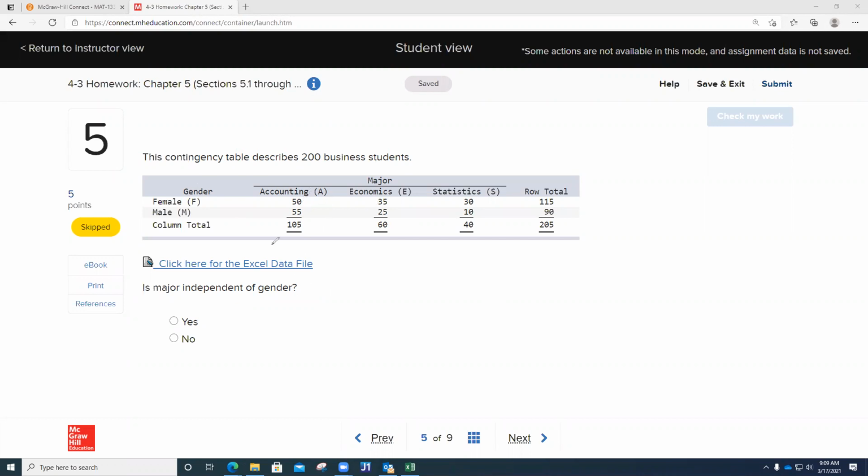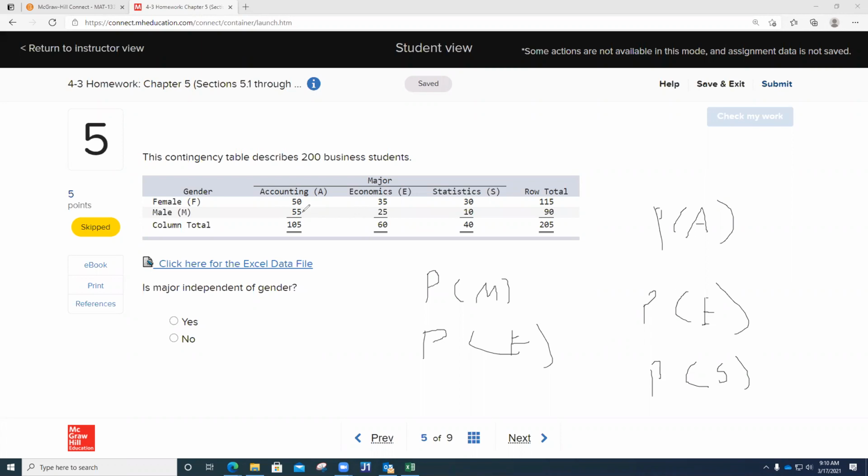Let's do a couple. We need to find the probability of male. We need to find the probability of female, because there's our gender. Go into our table. And then we'll find the probability of being an accountant, the probability of being economics, probability of being in stats.